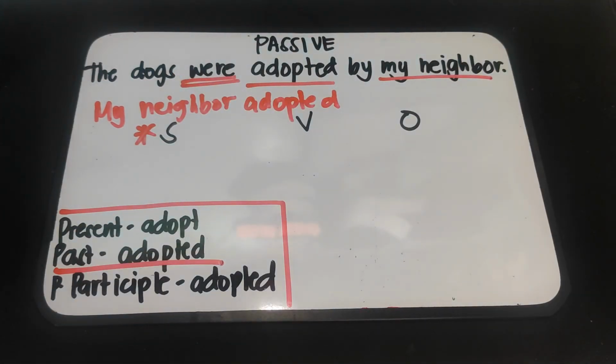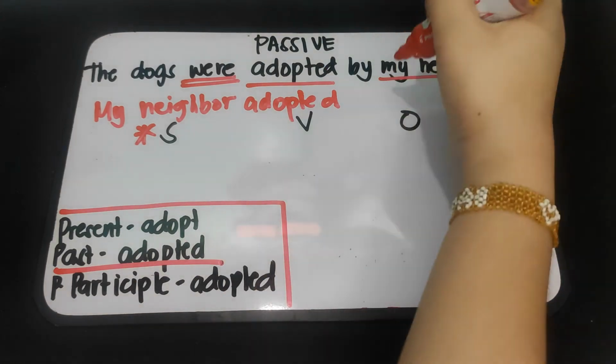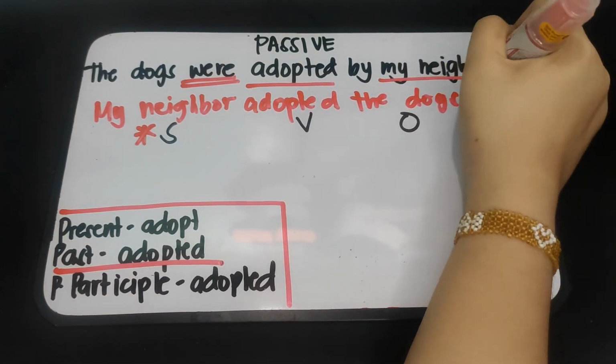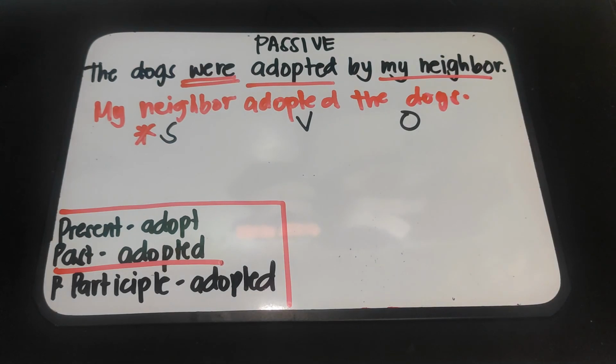And lastly, the object, which is the dogs. Since we are changing it into active voice, the helping verb and the preposition are not included. So we have, my neighbor adopted the dogs.